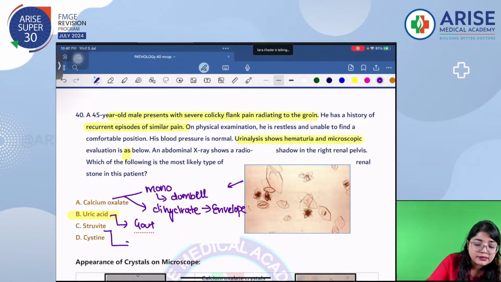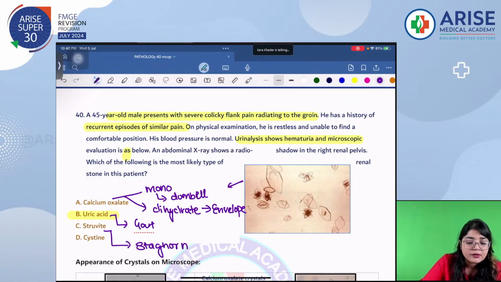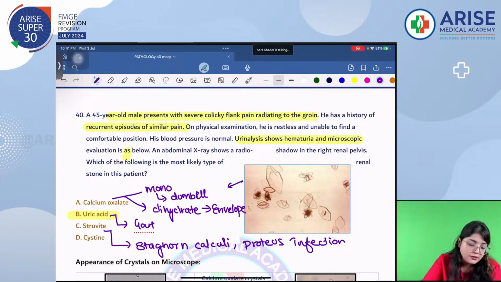Your struvite crystals are also known as triple phosphate crystals. Remember, these make the staghorn calculi. So they are seen in females mostly because of a urease infection. Yes, staghorn calculi. Very good.